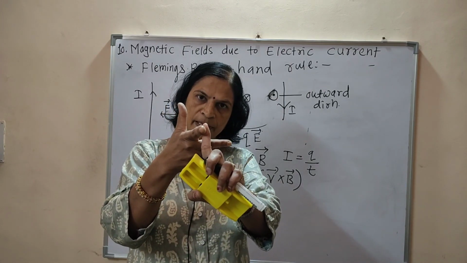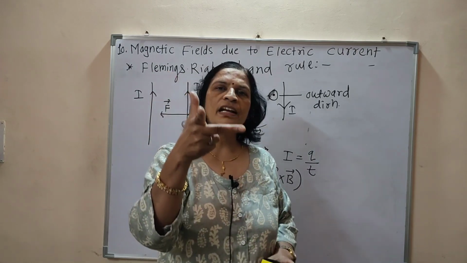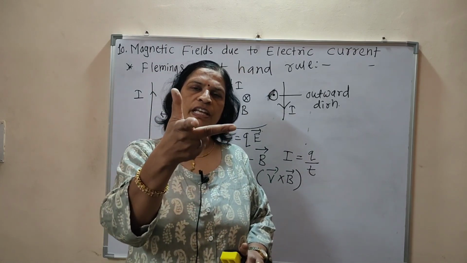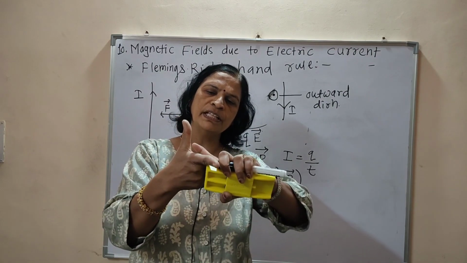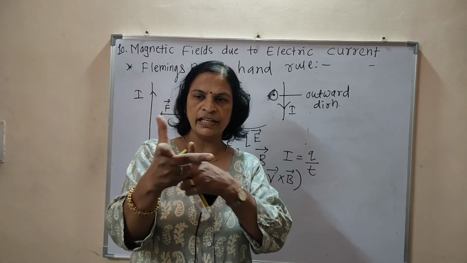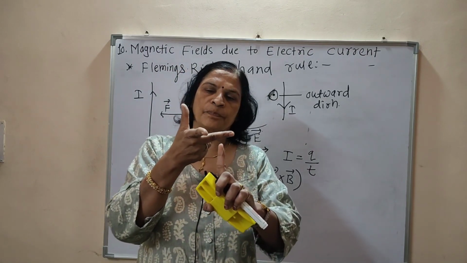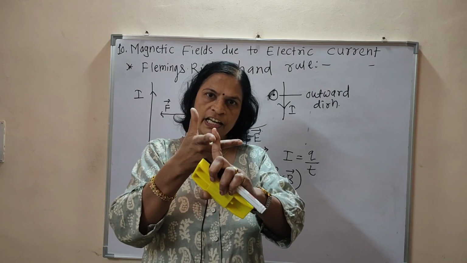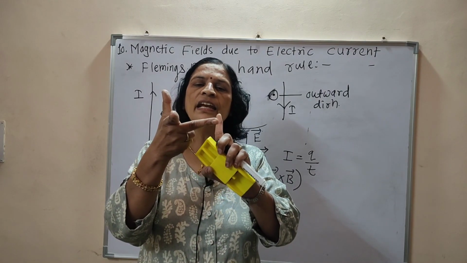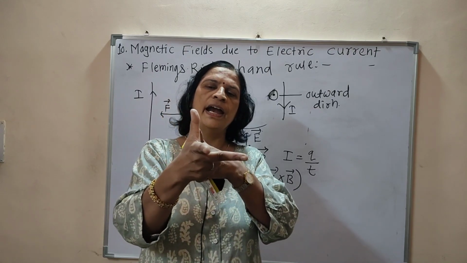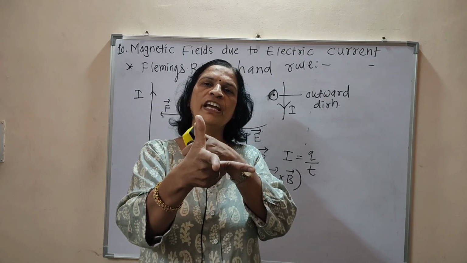That means the angle between each two is 90 degrees. Then the forefinger indicates the direction of magnetic field, the middle finger indicates the direction of current, and the thumb denotes the direction of motion of a conductor.